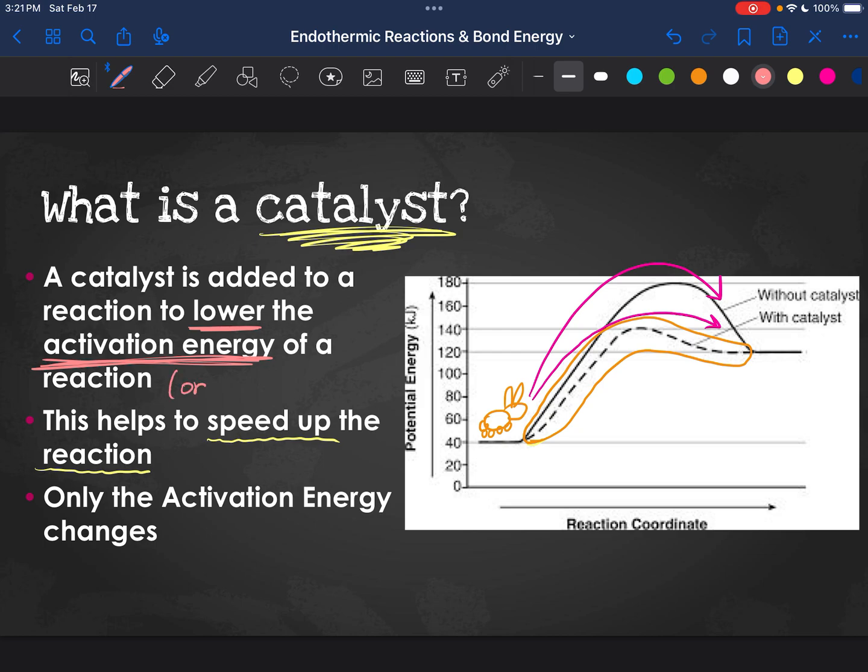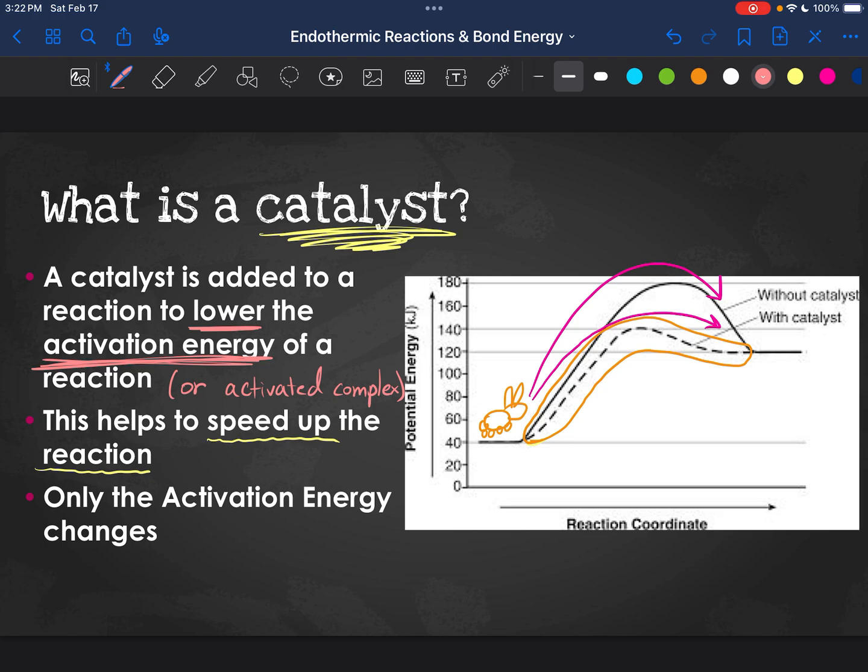Or sometimes your teacher might say it lowers the activated complex, which is the peak. Either one will work, depending on what the question is referring to. So please make sure that you have this marked or written somewhere, because it is very important that you know what a catalyst does in a reaction.